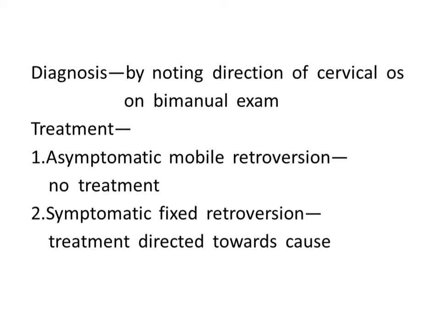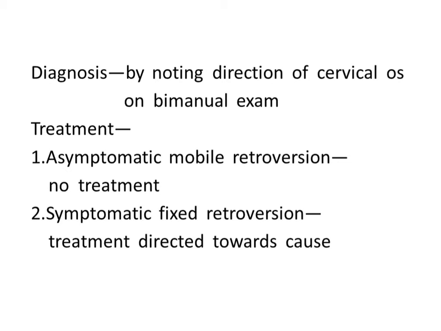You treat when it is symptomatic, when there are symptoms like back pain or menorrhagia or other symptoms, dysmenorrhea, whatever I have already described, or when it is a fixed retroversion. Then in this case, how do you treat? You not only try to fix the uterus anteriorly, but you also treat the associated condition.